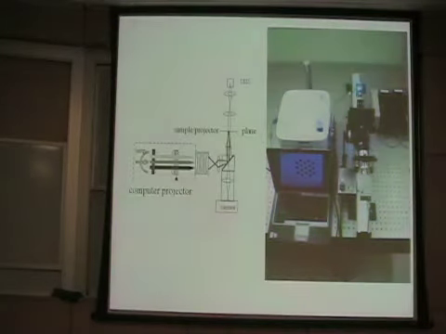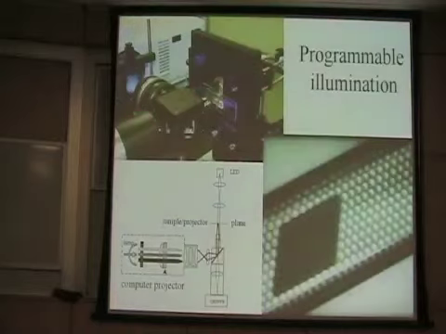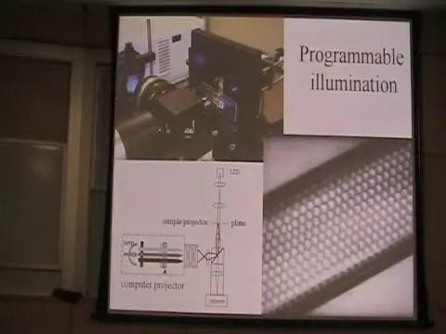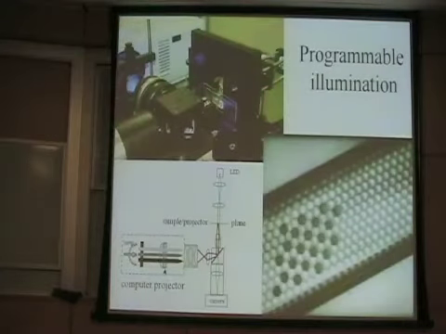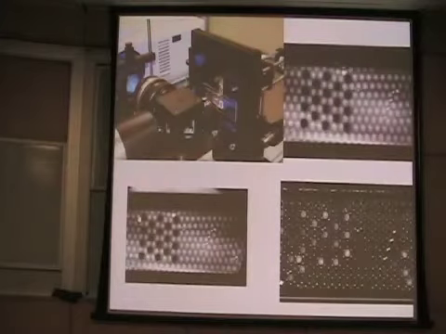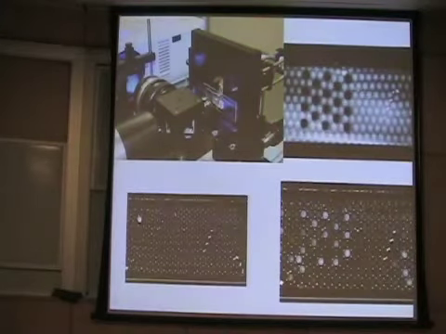Here we're shining on the bright light to phase it. Then we project the PowerPoint to turn off the bright light in certain regions and at certain times, so we can spatially and temporally force the system. So we've developed this programmable illumination, and here's just a movie of it.